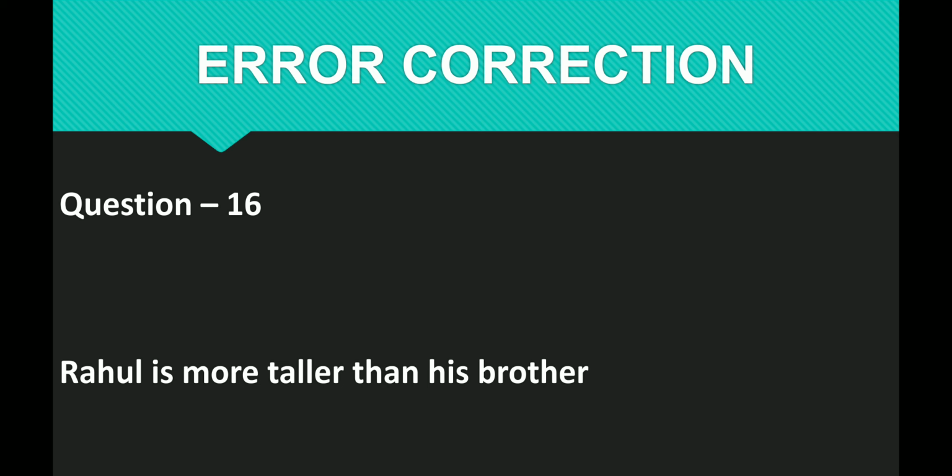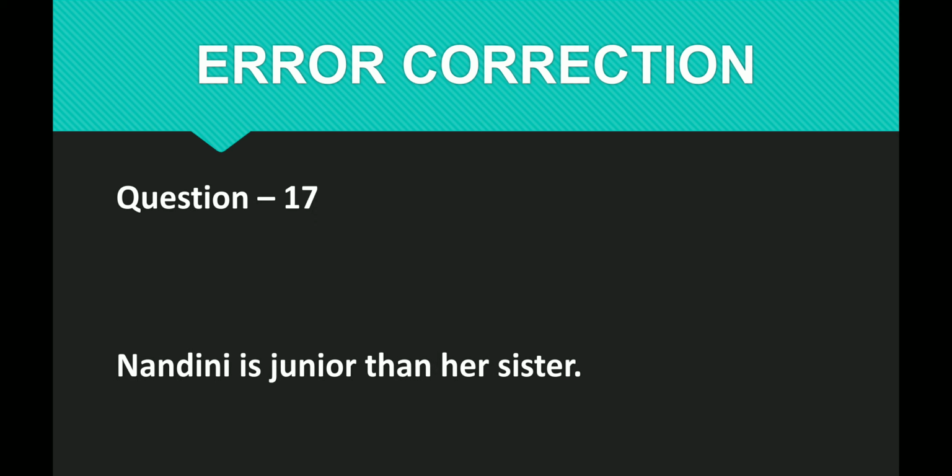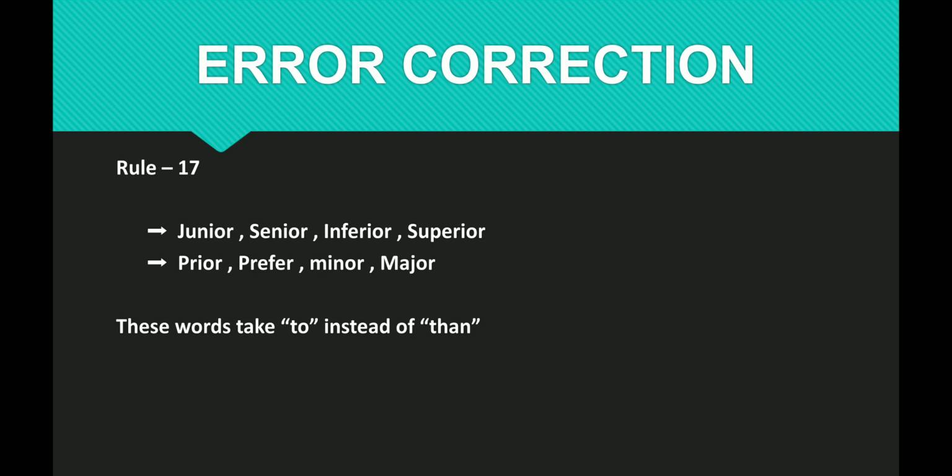Well, I hope you understand. This is question number 17: Nandini is junior than her sister. Very important rule. I cannot spend time over here, so I will go back to the rule first of all. The words like senior, junior, inferior, superior, prior, prefer, measure, minor. If you find this type of words, mean 8 words, do remember to use to instead of than.